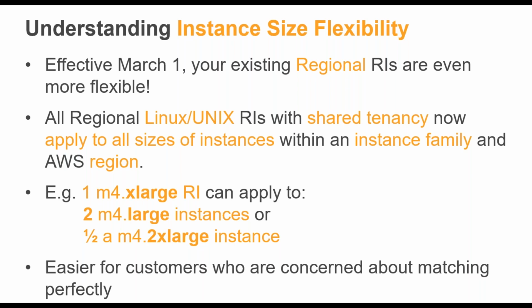This is applicable to people running those types of workloads. The example here is M4 xlarge. The discount can be prorated and isn't applicable if you were to change to M4 2xlarges. You can keep that in mind when you're looking at the commitment you have to a particular instance. If it's in Linux or Unix, you have the flexibility to change the size. So that's great for people who are running those environments.